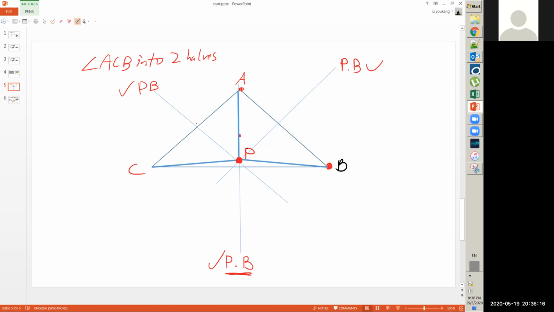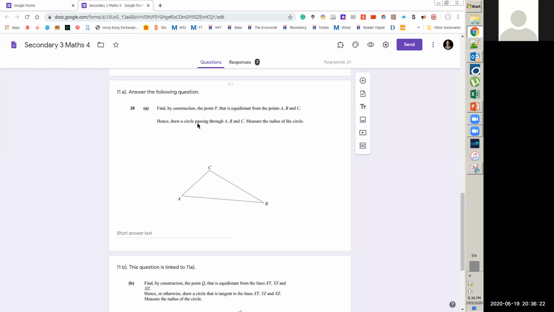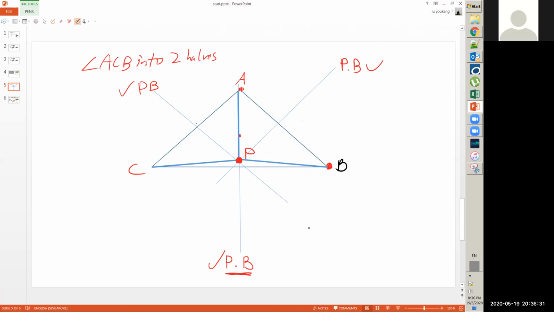Next, let's answer the second part of the question. Hence, draw a circle passing through A, B, C, and measure the radius of the circle. So now you need to draw a circle. This circle must go through these 3 points.